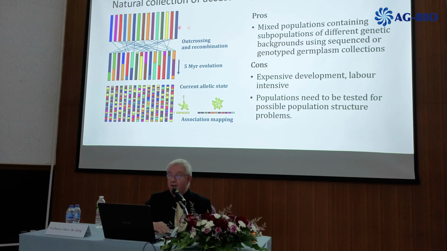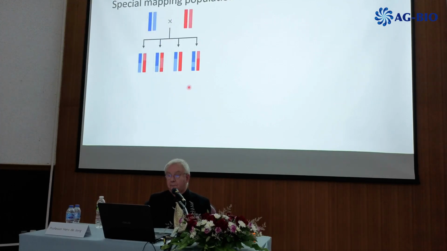And there you see that this kind of structural difference between the original accessions, cultivars, and wild relatives, then you get a problem in the population structure. We'll come to that later this morning.